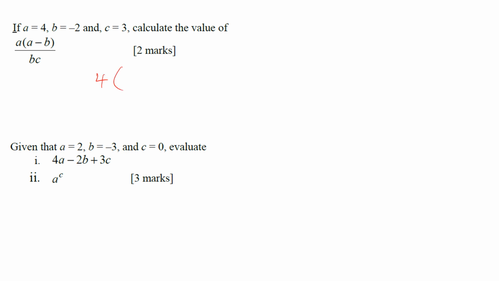And then in bracket, we have 4 again, minus, because b is a negative, I'm going to put the negative 2 in bracket. And then that will be all over b times c. Now b is negative 2 and c is equal to 3. Let's simplify in the bracket and expand the bracket in the denominator. If we expand that, that will give us negative 6.